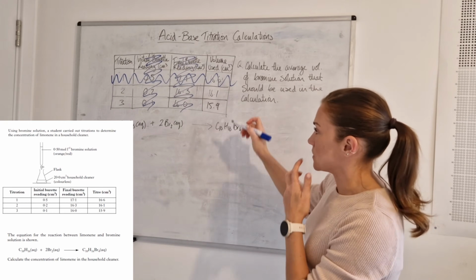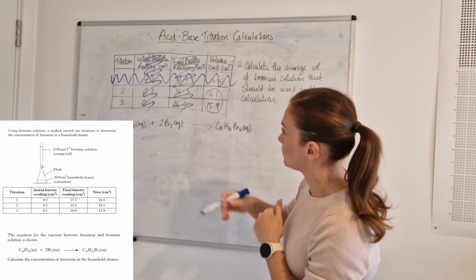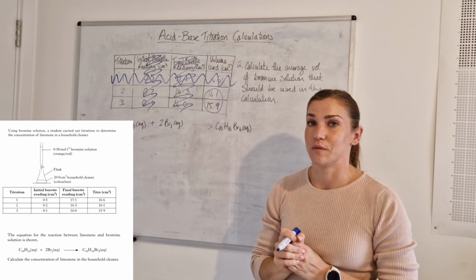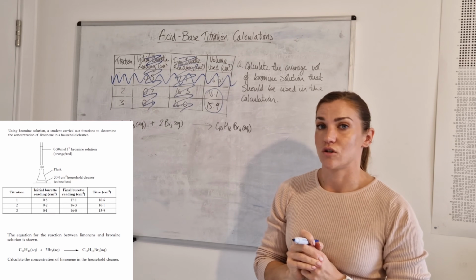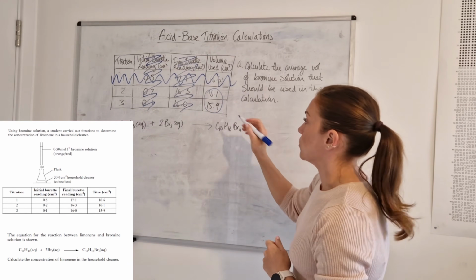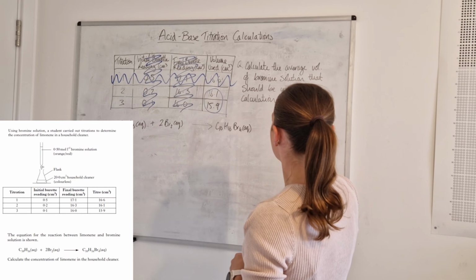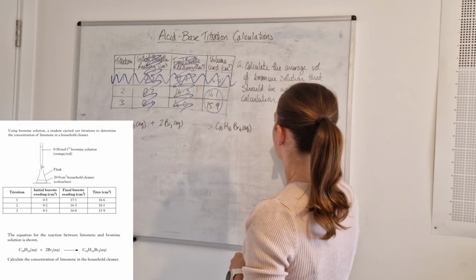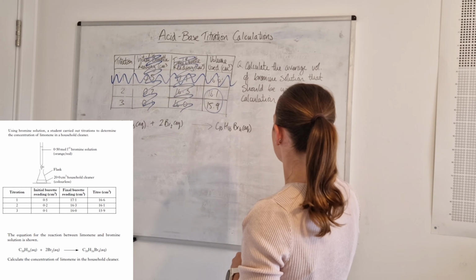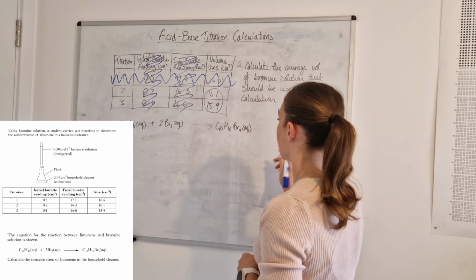That leaves us with 2 numbers, and those are the numbers that we calculate the average volume from. All we have to do is add them together and divide by 2, which gives us 16.0 centimetres cubed in this case.